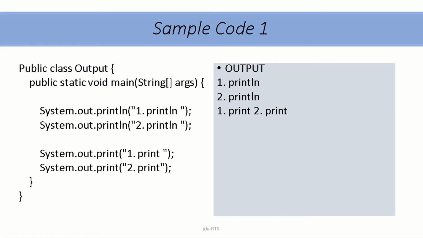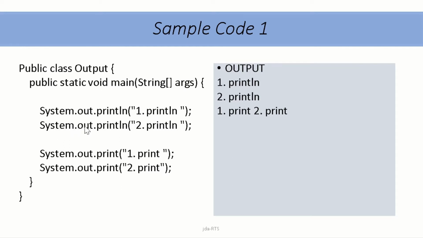All right, sample code for the use of println and print that we have discussed. We use the name of our class as Output, and we put the instructions inside the public static void main. System starts with a capital letter because it's a class.